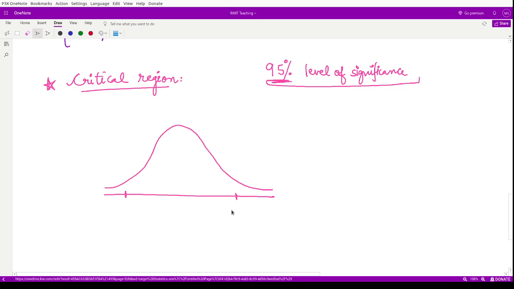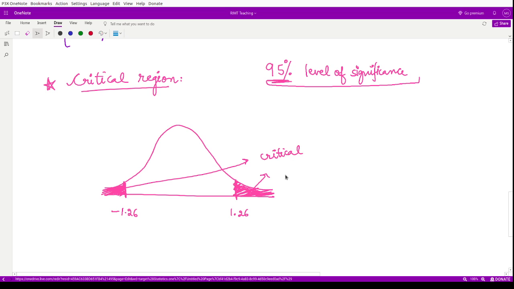Say the tabular value is 1.26 here, and minus 1.26 here. So these lines would be your critical values, and your critical region would lie on the left side of the left line and on the right side of the right line. So this shaded portion would be your critical region.